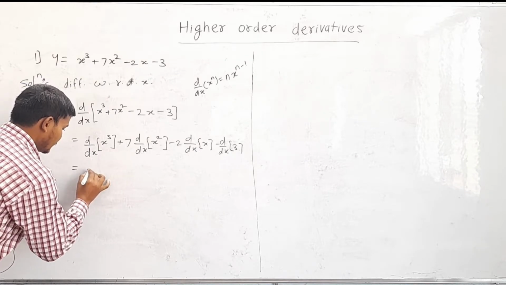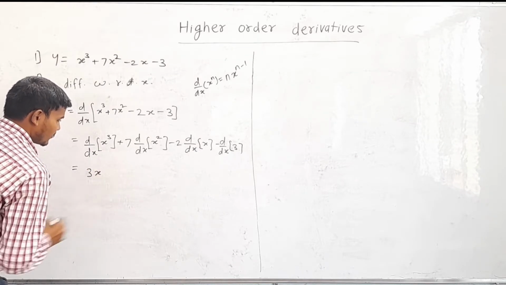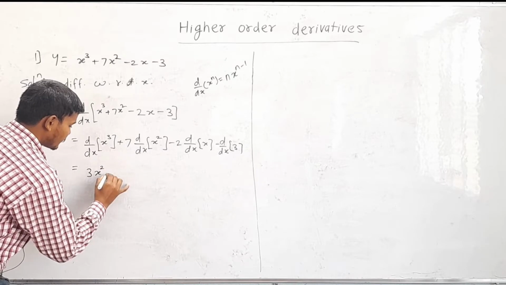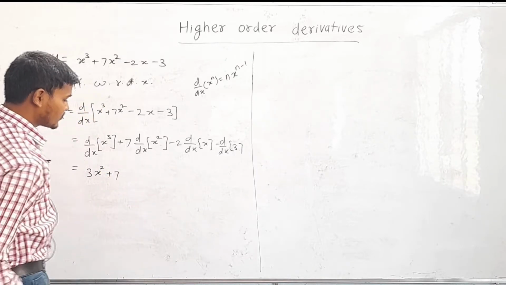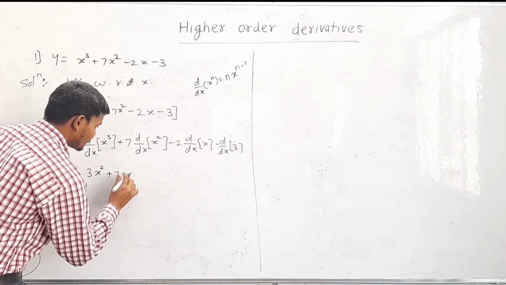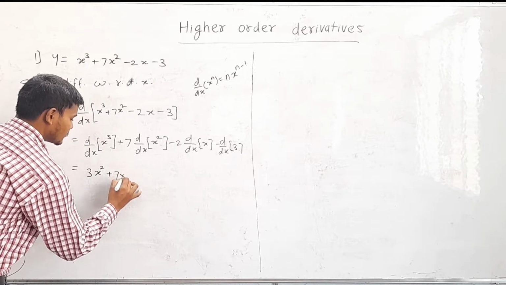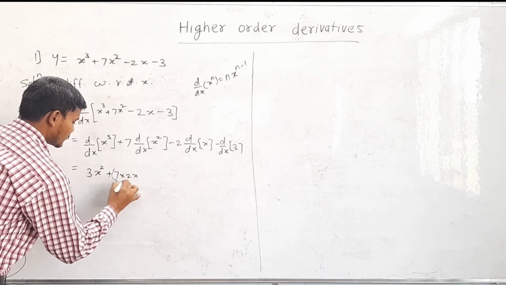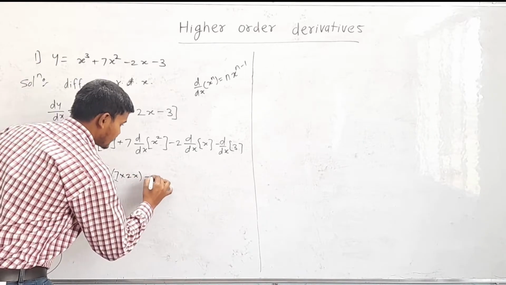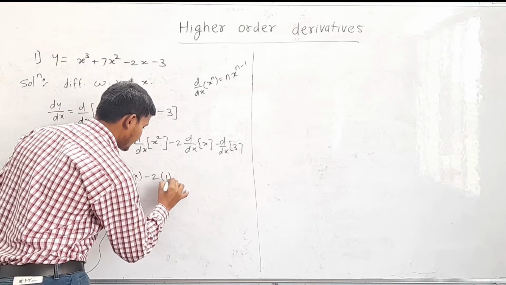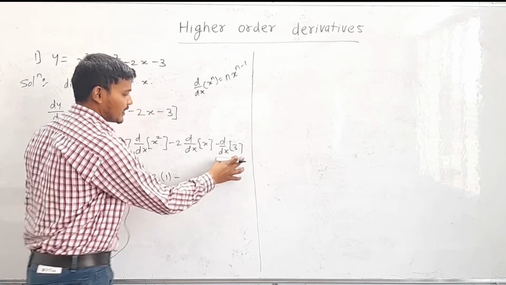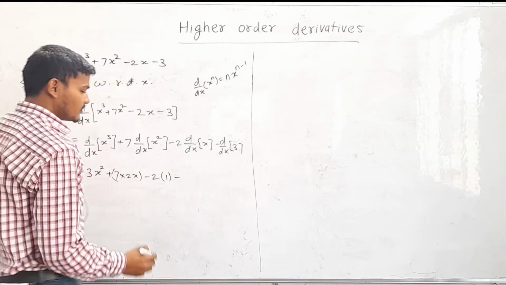So, 3 x square plus 7 as it is, derivative of x square is 2x, that is minus 2 into derivative of x is 1 minus derivative of constant is always 0.